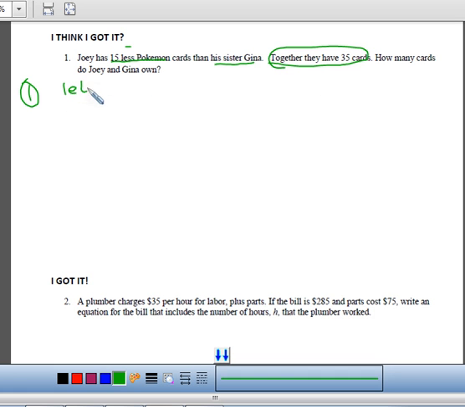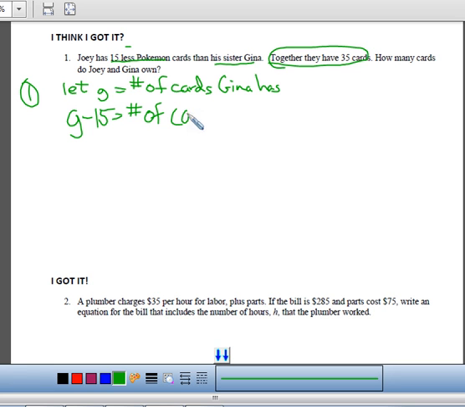So, I don't know how many Gina has. I just know Joey has 15 less than that. So I'm going to let G equal number of cards Gina has. And so since Joey is 15 less than that, G minus 15 is the number of cards Joey has.